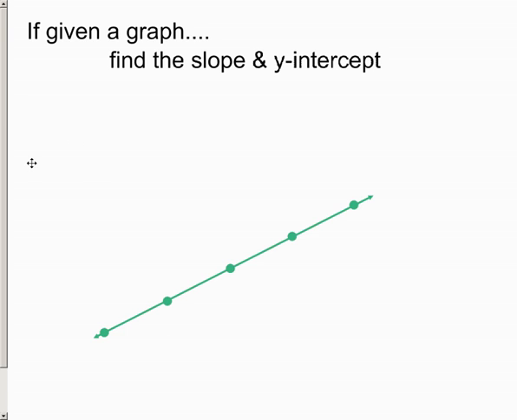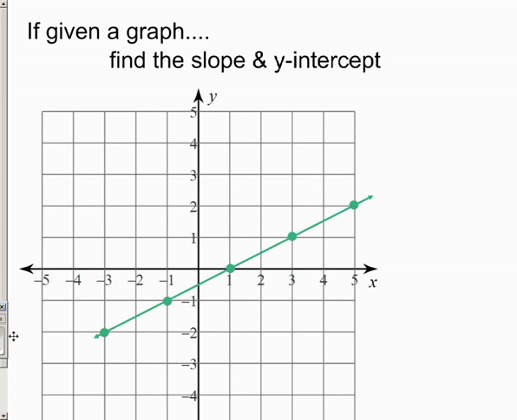Occasionally, they'll just give you a graph of this. And basically, if they said go find the rule of this function or graph, he would do it the same way. You have to treat it as if it was a linear equation. Now, here's the thing.